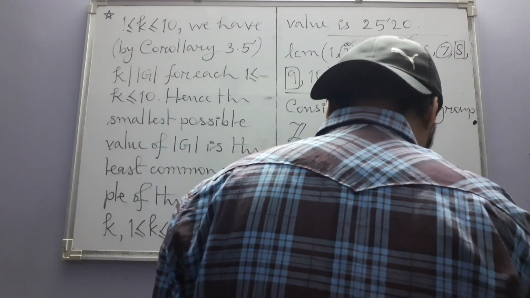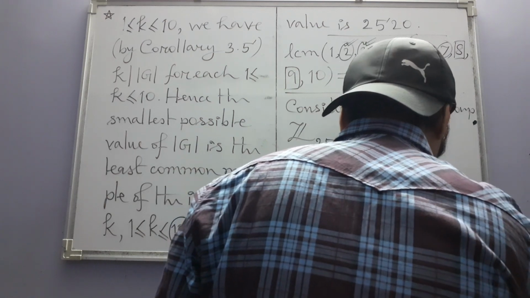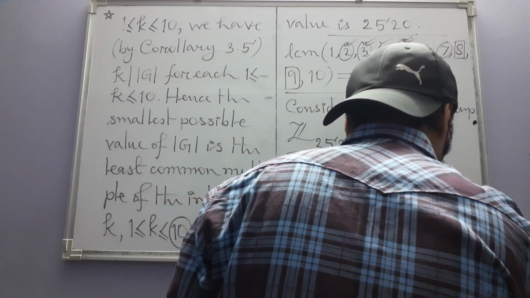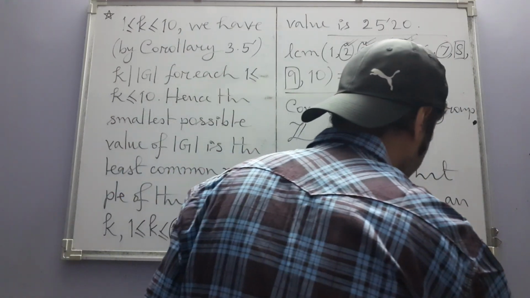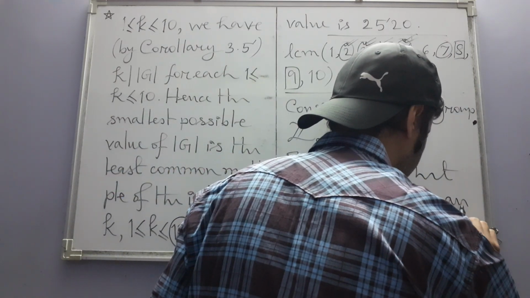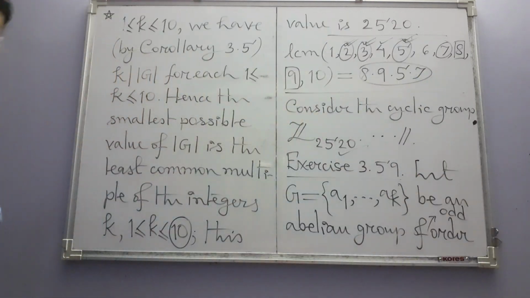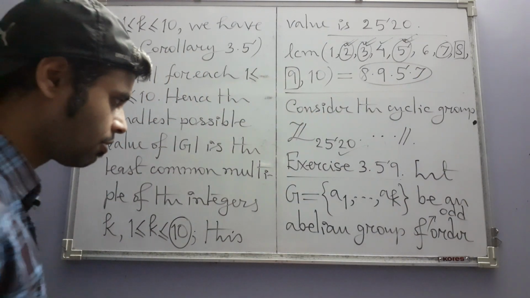And it's also mentioned explicitly, an abelian group of odd order K. That means K is an odd number.